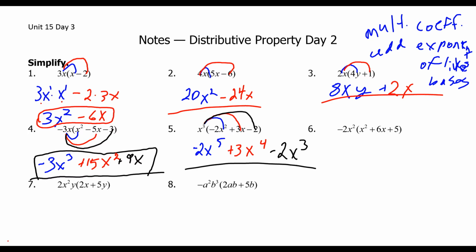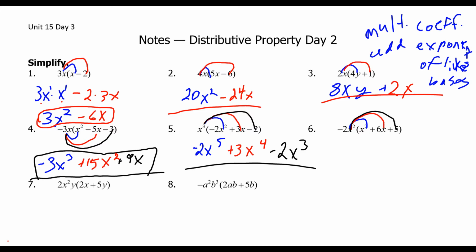Now we're going to do the exact same thing on number 6, okay? We have 3 things, well, 2 things that are being multiplied across. We're going to do negative 2x squared times x squared. We're going to do negative 2x squared times 6x, and we're going to do negative 2x squared times 5.